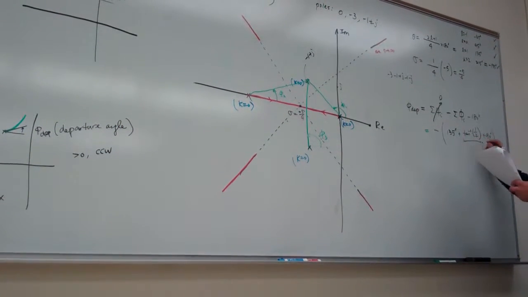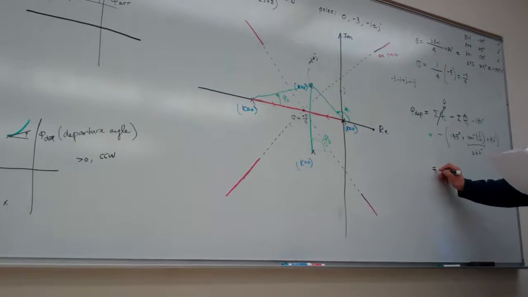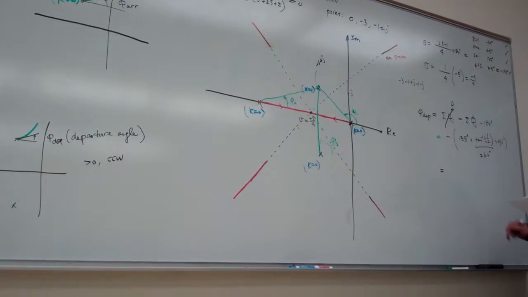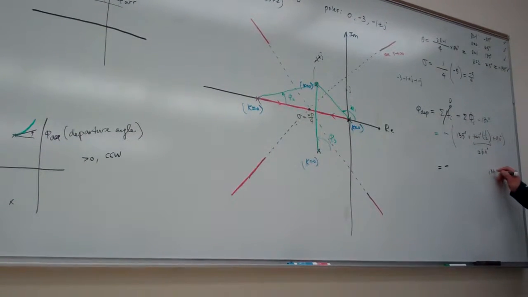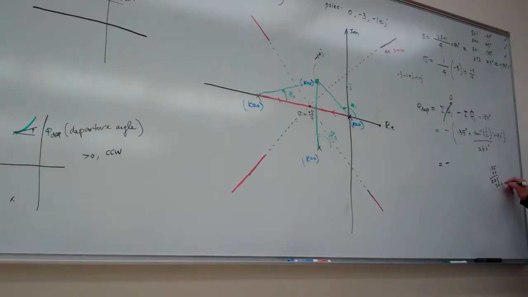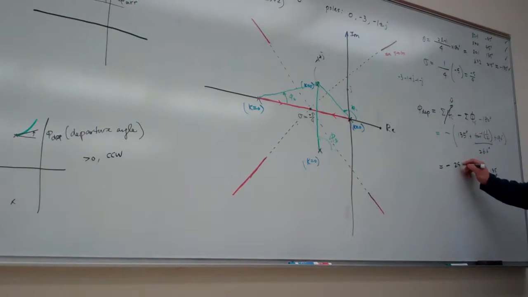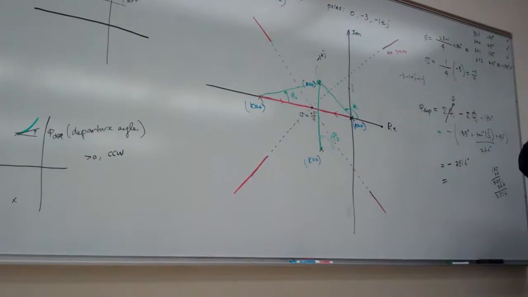So this angle is 26.6 degrees. Okay, so here this one will be equal to minus, 135 plus 90 is 225, and 225 plus 26.6 is 251.6, minus 251.6 degrees.